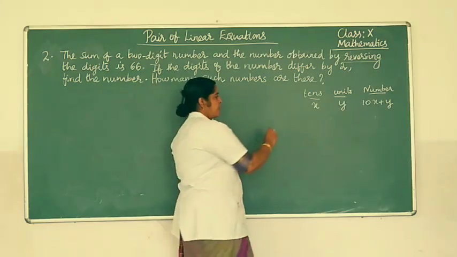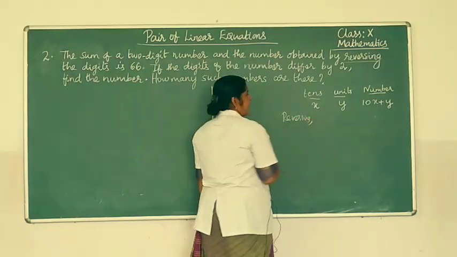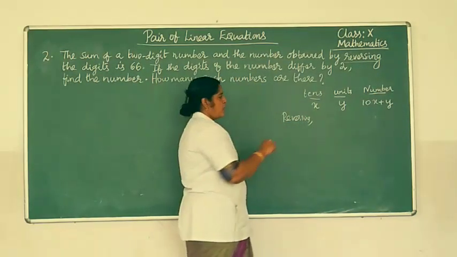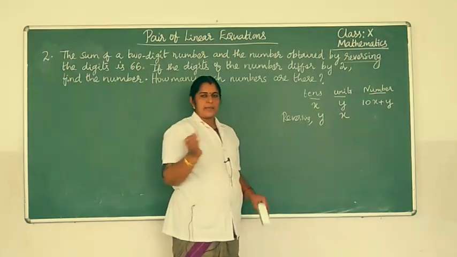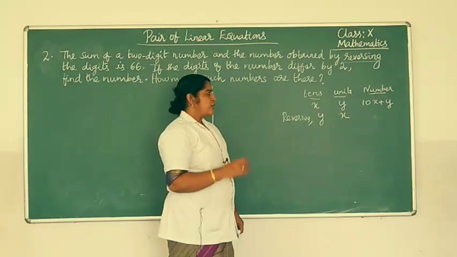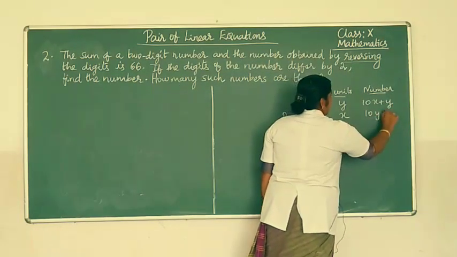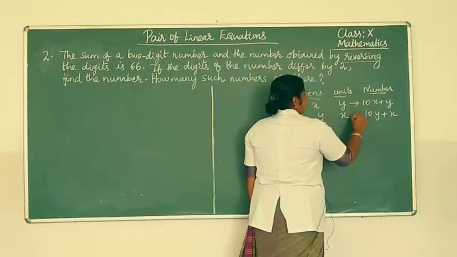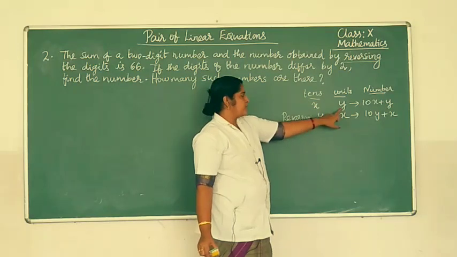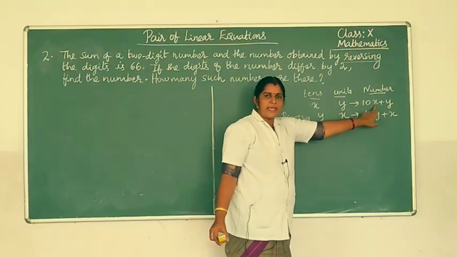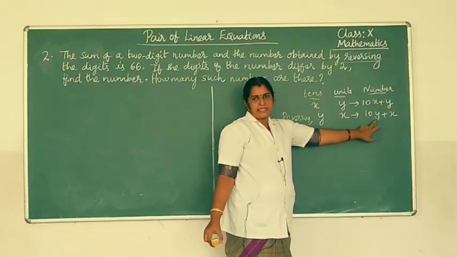So when you reverse, in the tens place y is coming and in the ones place x will be coming. We are interchanging the digits. So what about the number then? It will be 10y plus x. So when x and y are in the tens place and ones place, the number is 10x plus y, and when you reverse the digits it becomes 10y plus x.